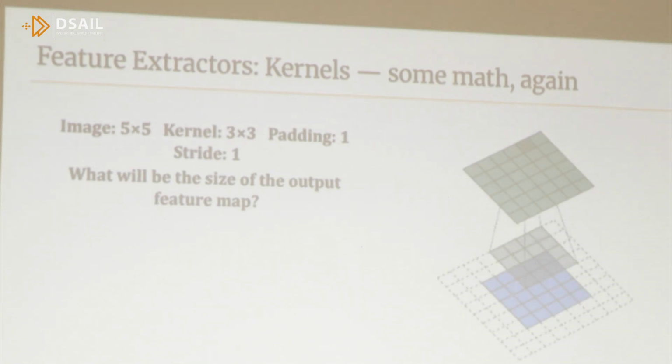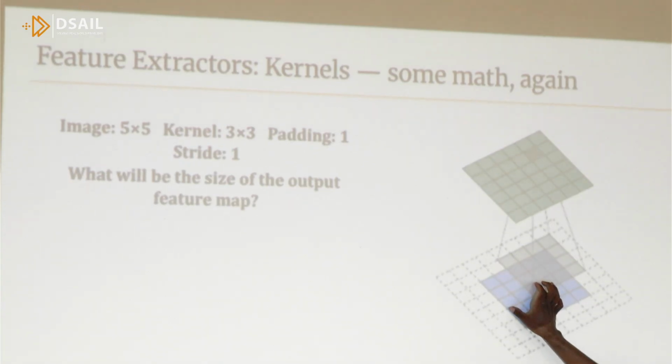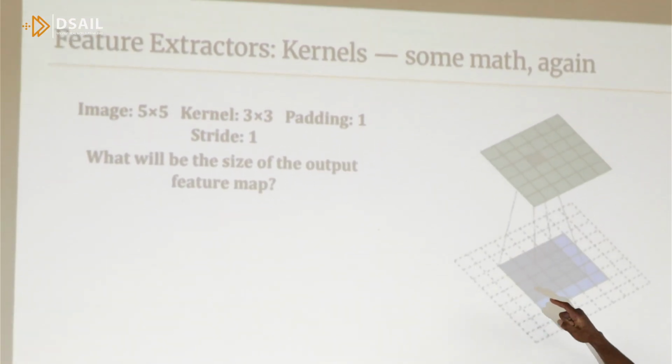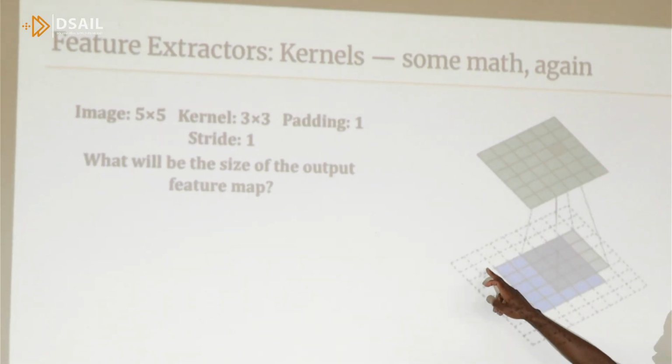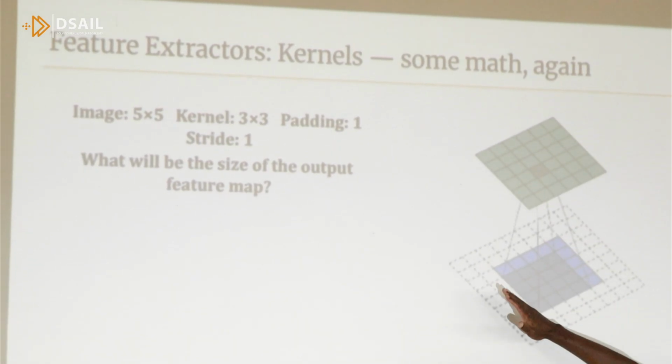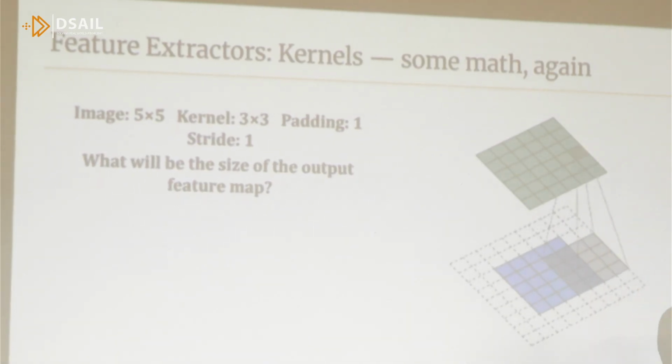When we are starting, we will not start here, but we will start here because there's some padding we have done. That's why I clarified that when I say padding of 1, we add a boundary of 1 around the whole image. So it is 1 here and 1 here. So essentially it's +2.